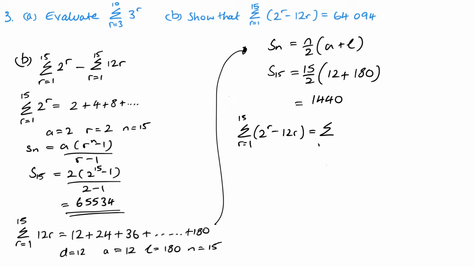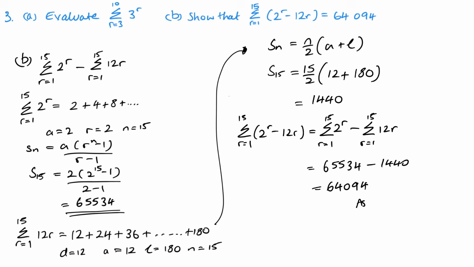So this is, as we were saying, 2 to the power r minus the 12r. So that is 65534 minus 1440. And we get our 64094 as required here.